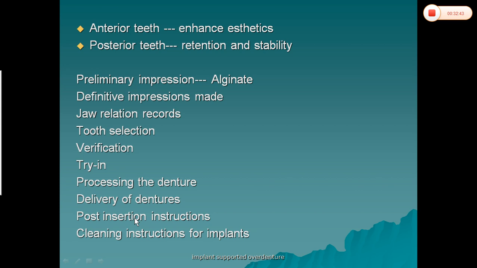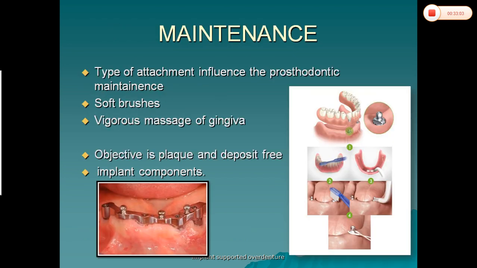See here, the patient has to maintain hygiene to protect the health of the tissue surrounding the implant, and denture hygiene also has to be followed. Then the patient has to be given clear instructions about implant hygiene.